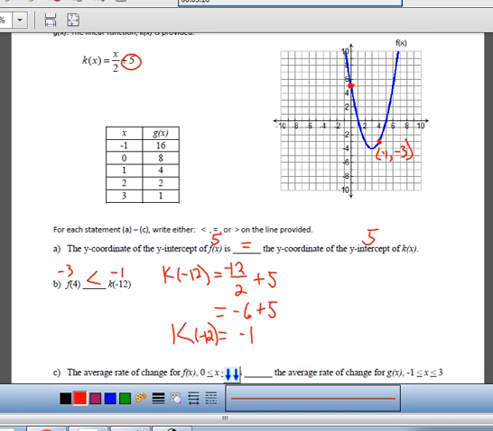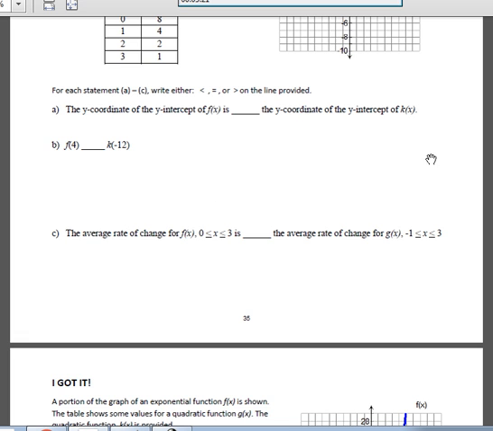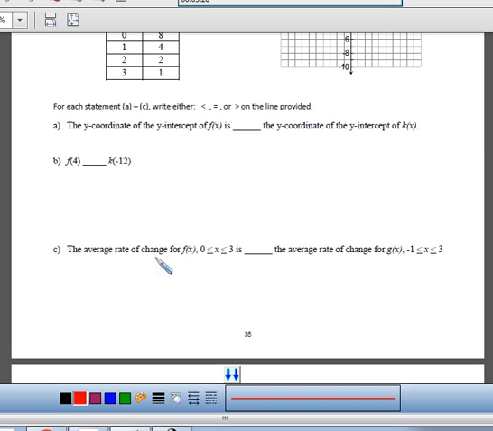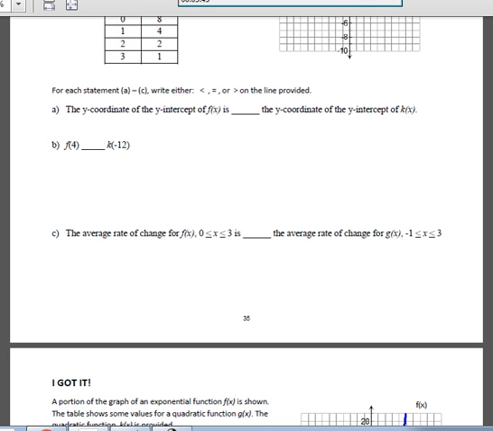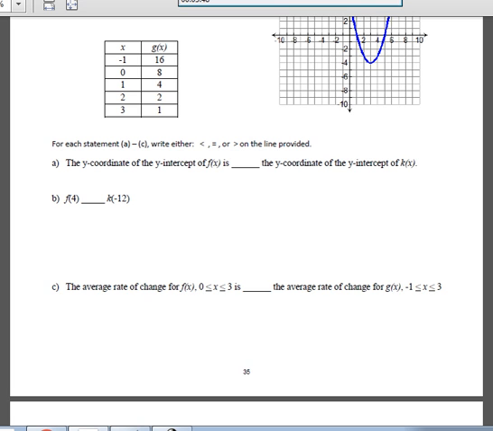Alright, so one more example to do. Question C. The average rate of change, remember that from the last lesson, for f of x from 0 to 3. So I'm going to look at where f of x is 0. Actually, let me scroll this up just a little bit. We want to be able to see some of the graph and the table.